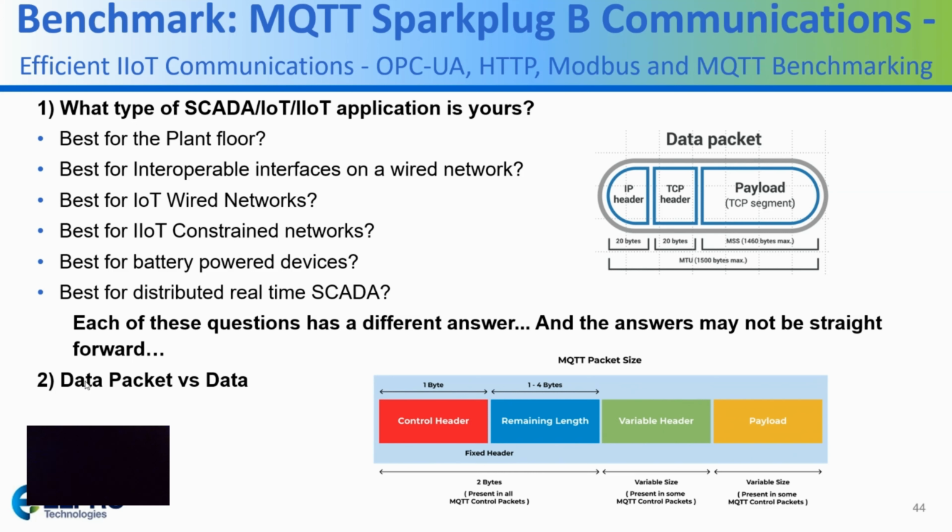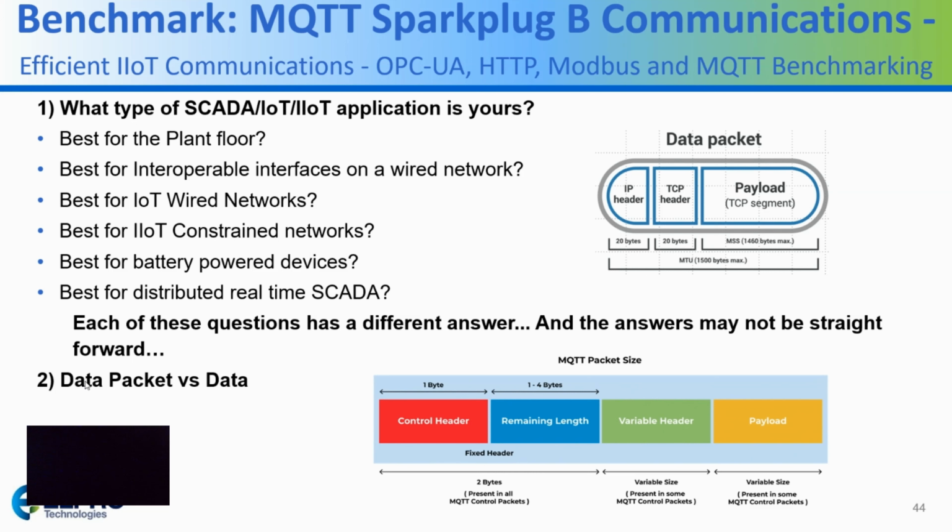The other part for this discussion, we need to discuss what is the difference between a data packet and data. A data packet is the full transmission of data, including the headers. So you need to know via the header where the data is going to and from. So that is with like the Ethernet, it's a little bit more of information.